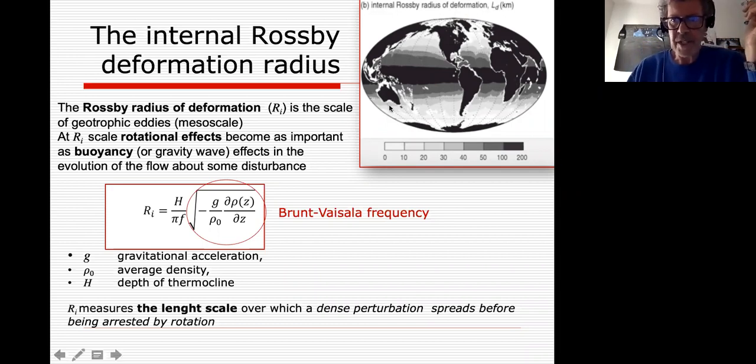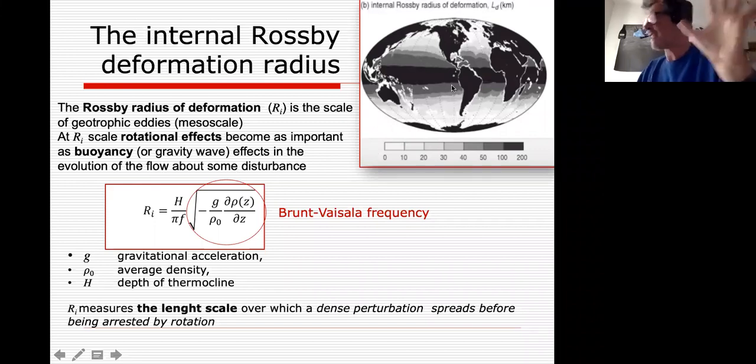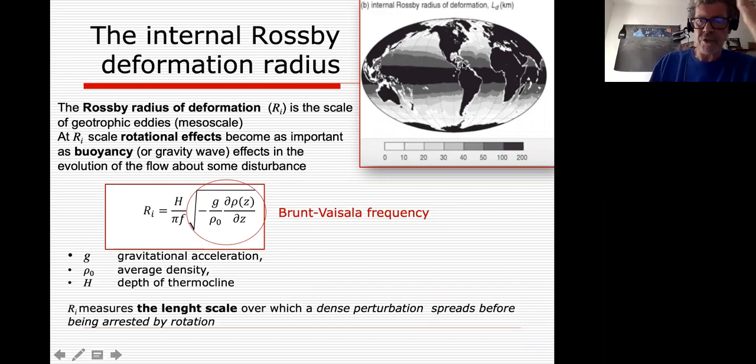And you can see here also H plays a role, and the thermocline depth changes seasonally, but changes also spatially. That's why we don't have a constant radius depending only on f, but it is the composition of the stratification, the first term, the Coriolis and the thermocline depth.